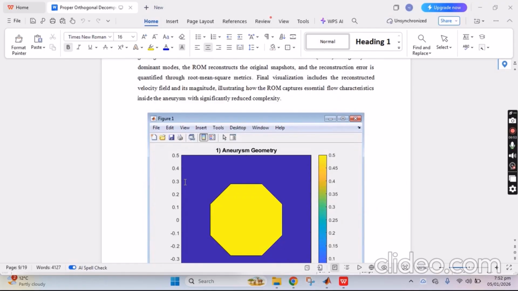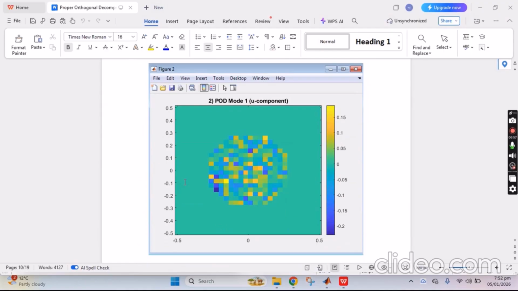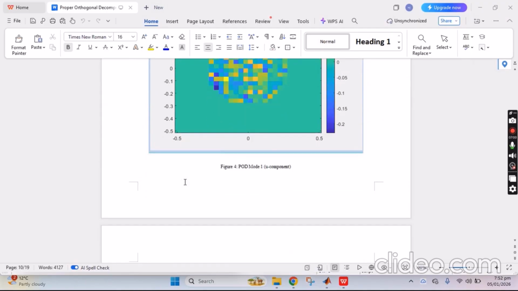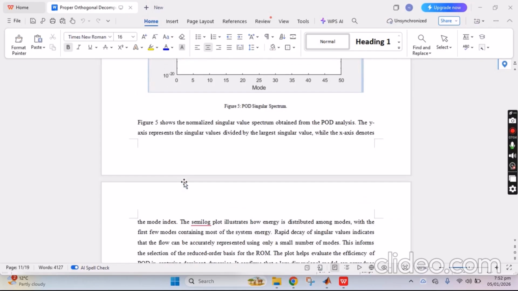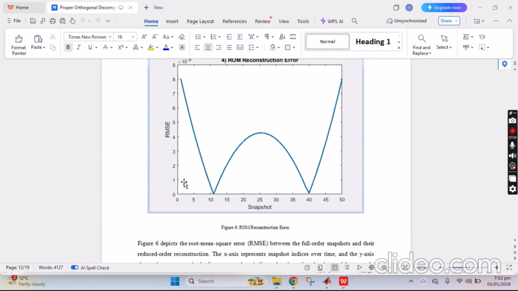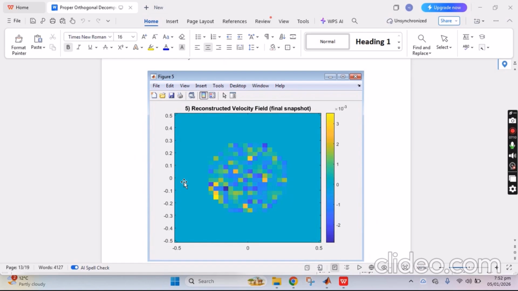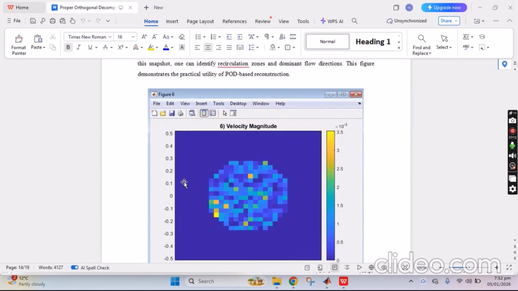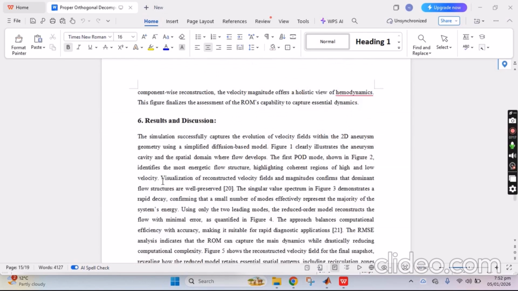These are the aneurysm geometry graphs, and this is the POD mode 1 U component. And here is the POD singular spectrum, and here is the ROM reconstruction error. This is a reconstructed velocity field, and here are the POD-based reconstruction results.